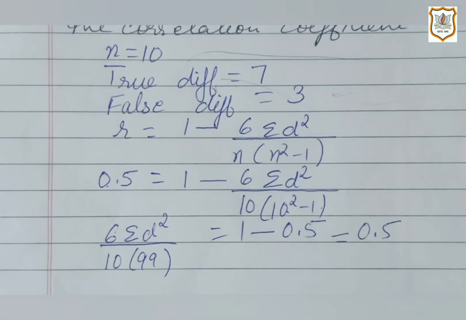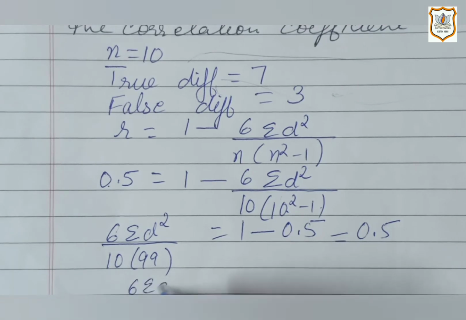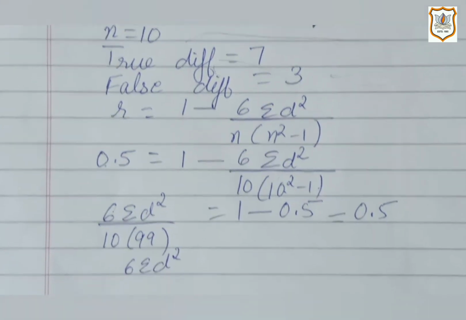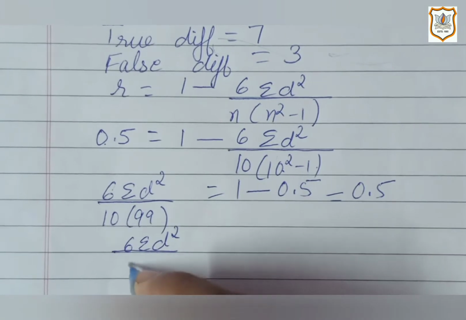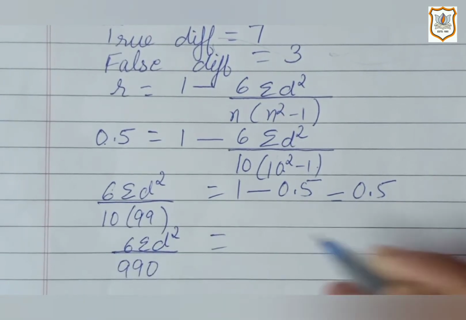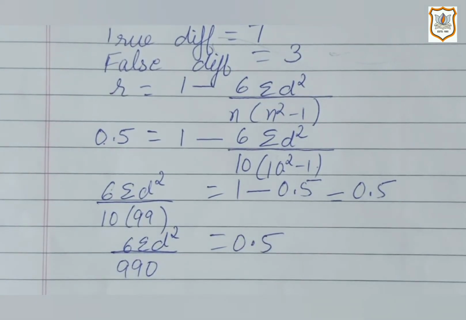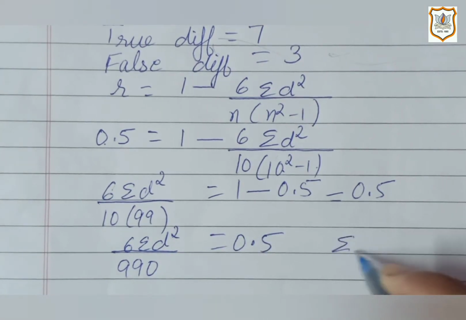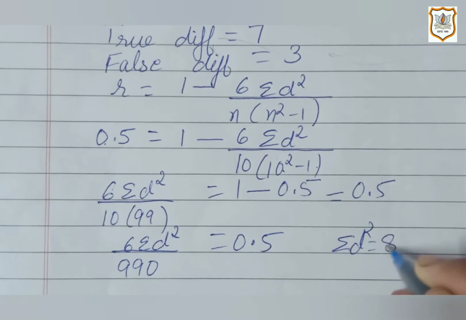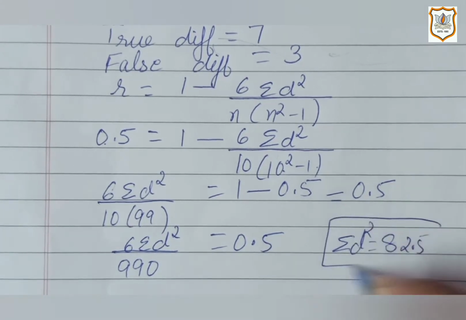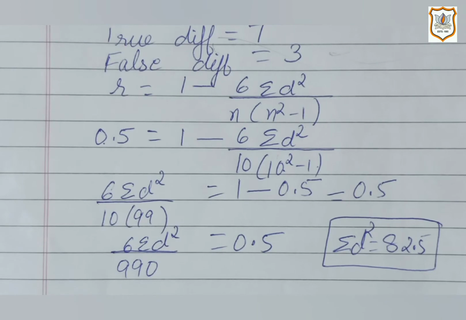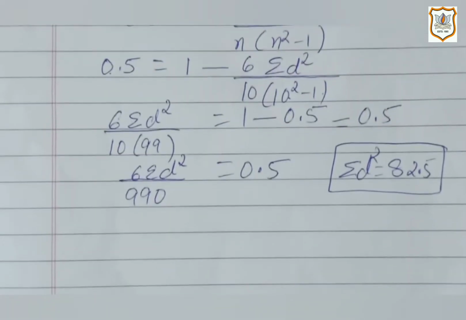Now what will be our next step? 6 sigma d square upon 990 is equal to 0.5. Now when you solve this, you will get sigma d square equal to 82.5. This sigma d square which we have got is the wrong value, so you have to find the correct value.